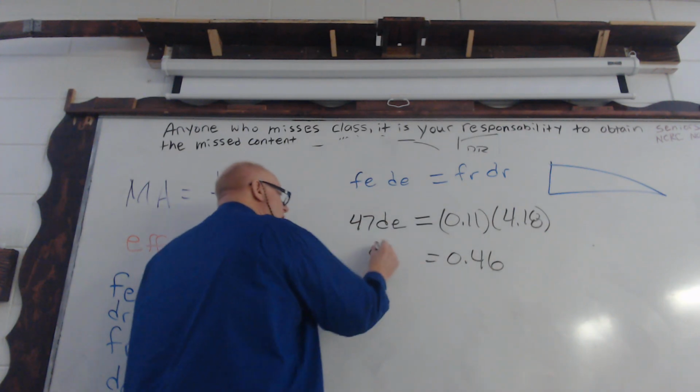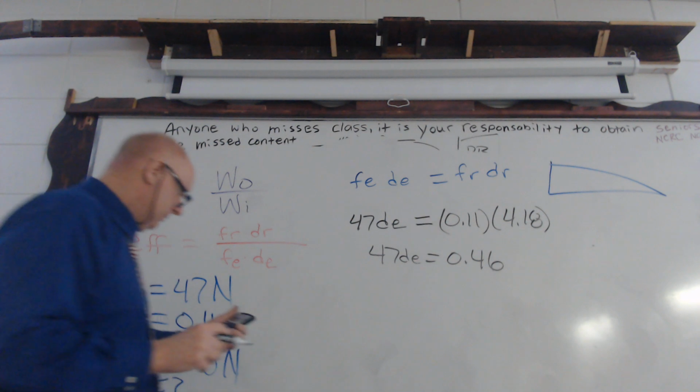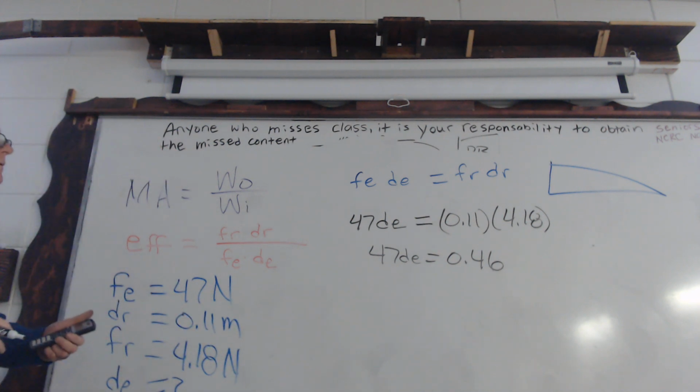But we still have 47 DE over here. So how do we get DE all by itself? Divide.